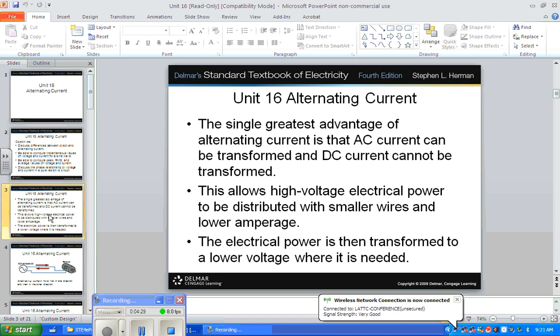And that's why transforming power to a higher voltage for transmission is very important, because anytime you go a great distance, you need to take it up to a very high voltage and then kick it back down when you get it close to where you want to use it. Okay, and AC allows that, DC does not.